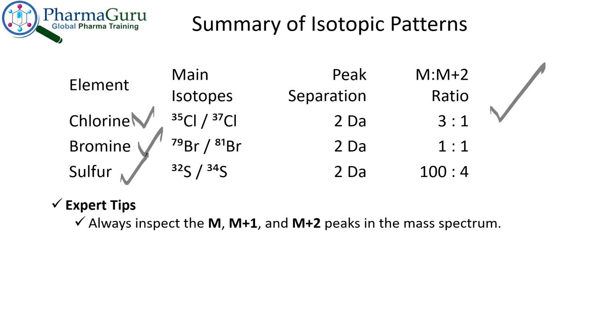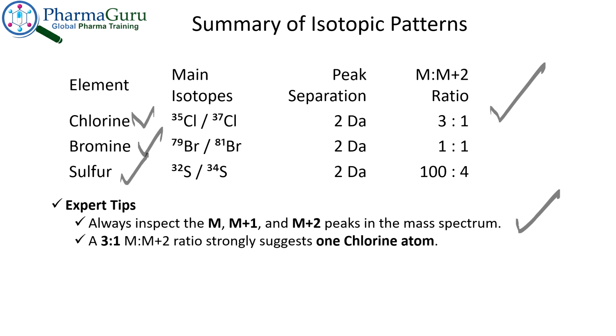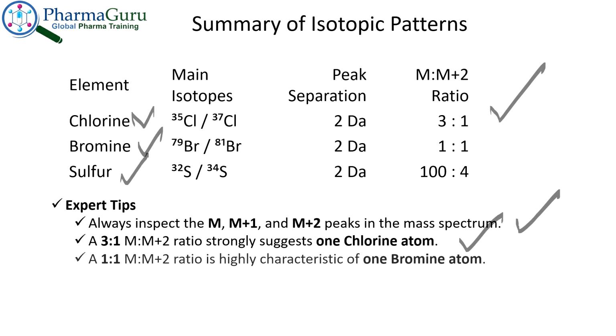Expert tips: always inspect the M, M plus 1 and M plus 2 peaks in the mass spectrum. A 3:1 M to M plus 2 ratio strongly suggests one chlorine atom.